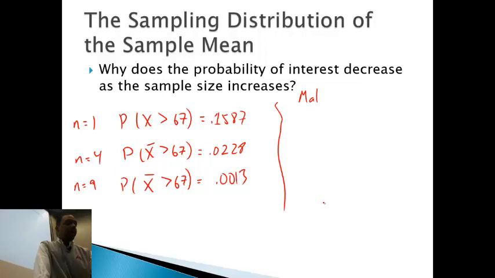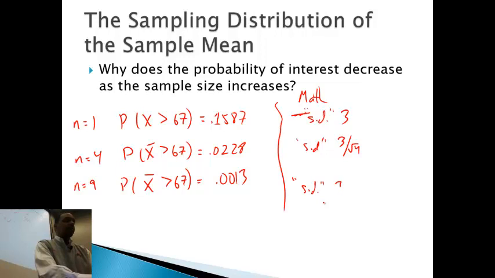Let's say mathematically, in each case, the first time we divided by, I say, the standard deviation, if you will, was just 3. And then the standard deviation, quote unquote, was 3 over the square root of 4. And then it was 3 over the square root of 9.